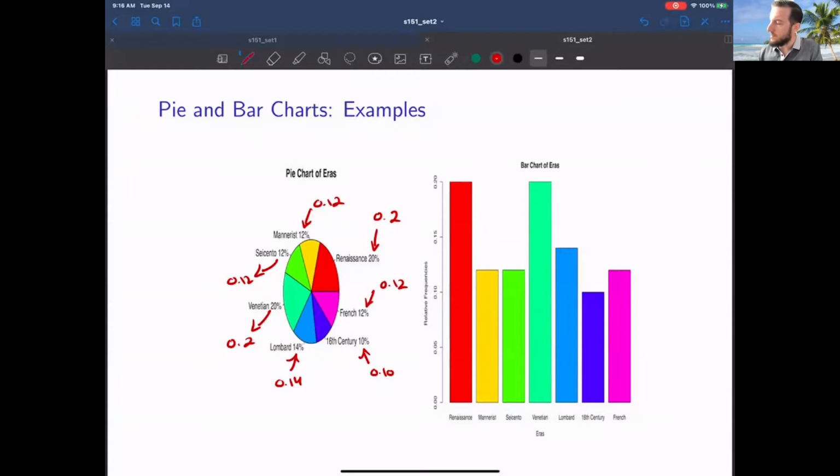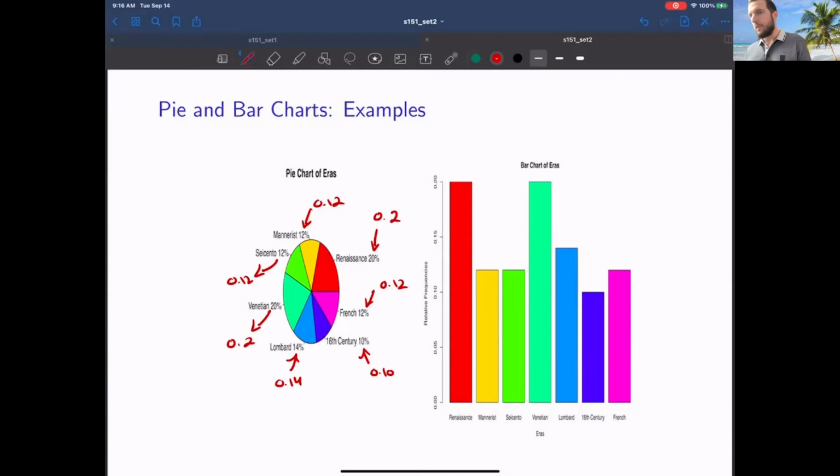You can see the 16th century has the smallest relative frequency, so that's the smallest size. Venetian and the Renaissance have the same relative frequency, so those 2 slices are the same size. And then the Lombard is a unique size of 0.14. So its slice represents that size relative to the other slices in the pie.